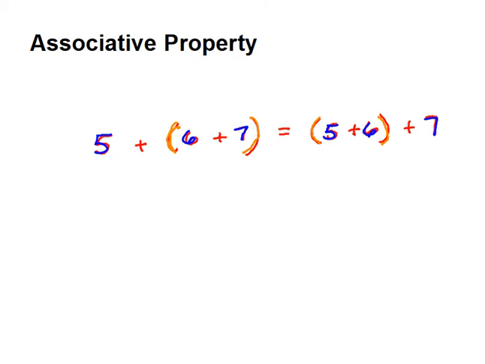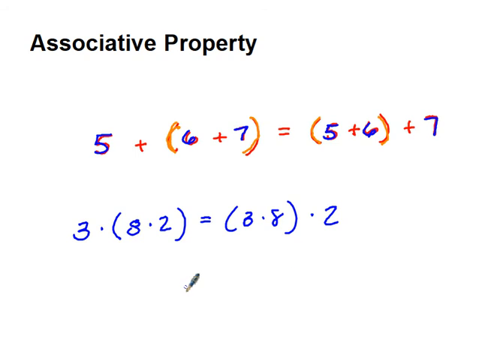Let's look at one more example so that you're sure of this. If I gave you 3 times the quantity 8 times 2, according to the associative property, that's equivalent to the quantity 3 times 8 times 2.